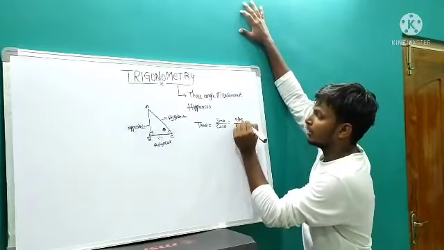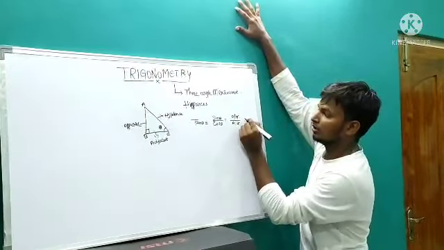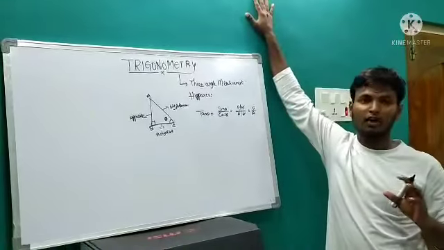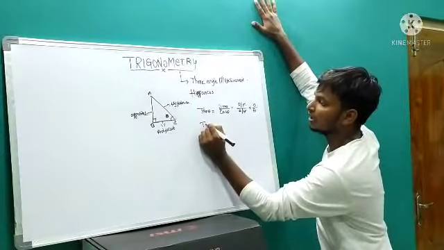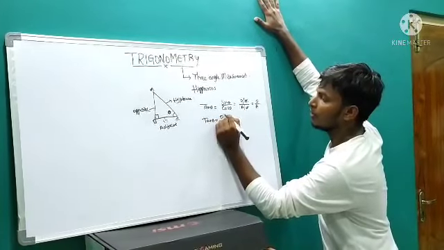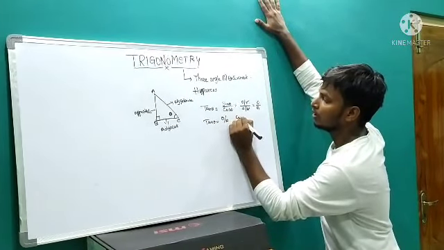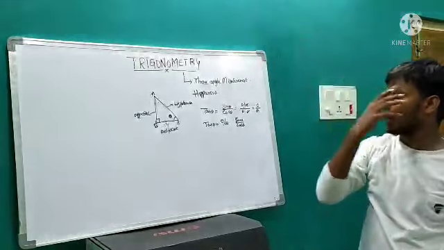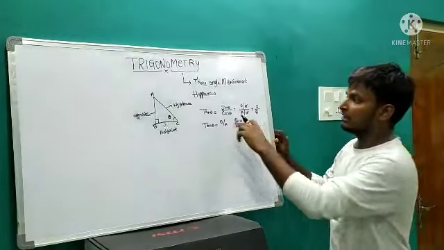Then hypotenuse will be cancelled, leaving opposite by adjacent. Therefore, tan theta is also written as opposite by adjacent, or sin theta by cos theta.